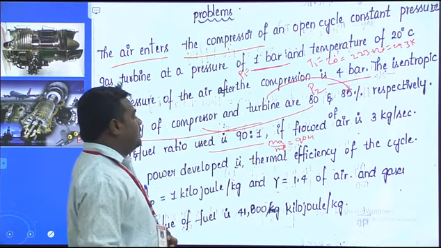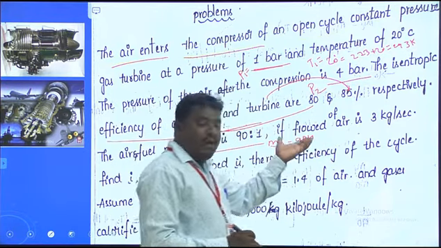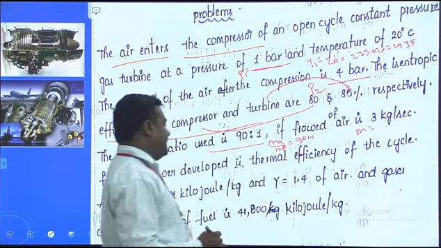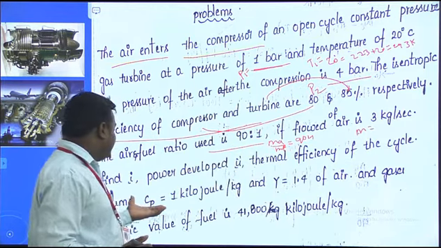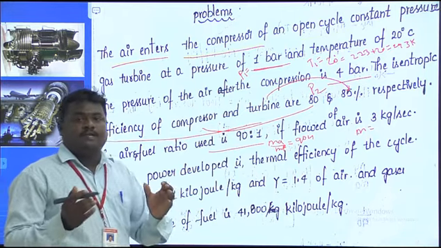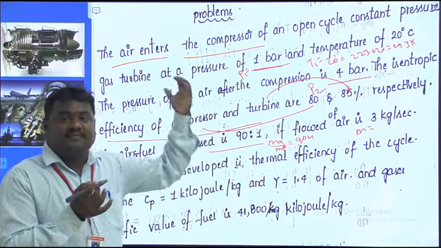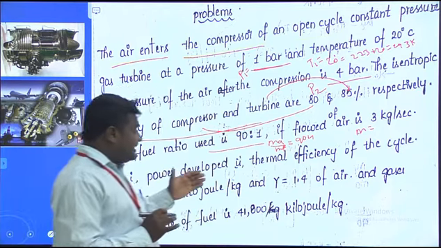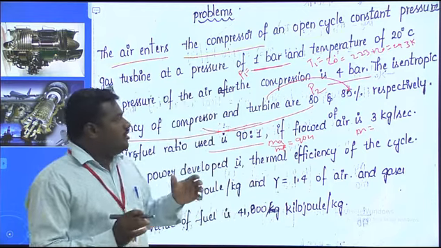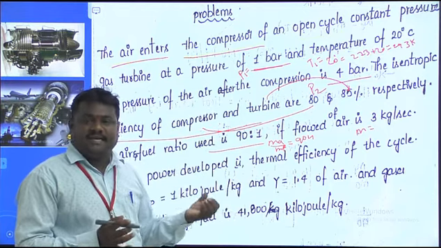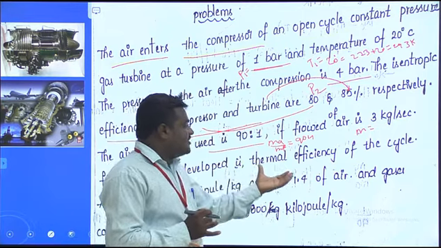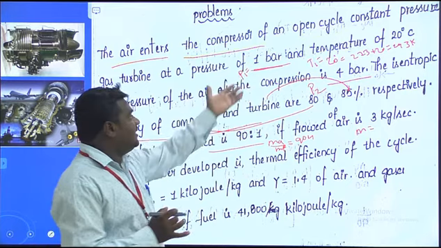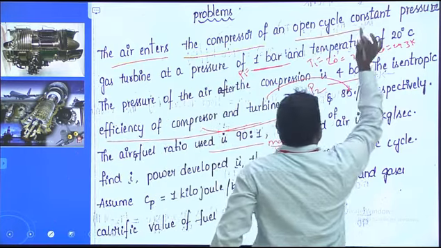If the flow of air is M equal to 3 kg per second, then we have to find the power developed in the compressor and the turbine, as well as the thermal efficiency of the cycle. Which cycle? The open cycle, as already mentioned.